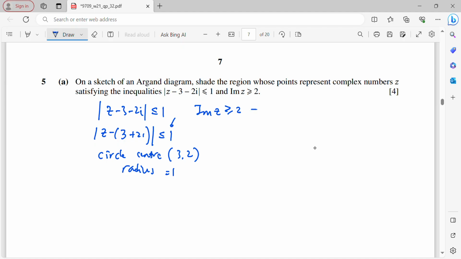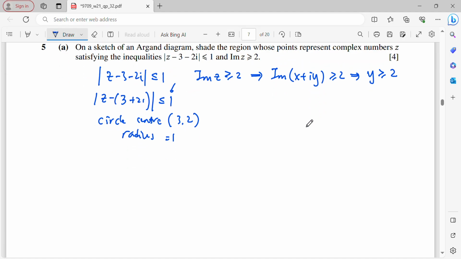Then imaginary z greater than or equal to 2. So it will be imaginary x plus iy greater than or equal to 2. Imaginary part is y. Therefore, you are sketching y at least 2. Okay, so from here, we need to draw the Argand diagram.